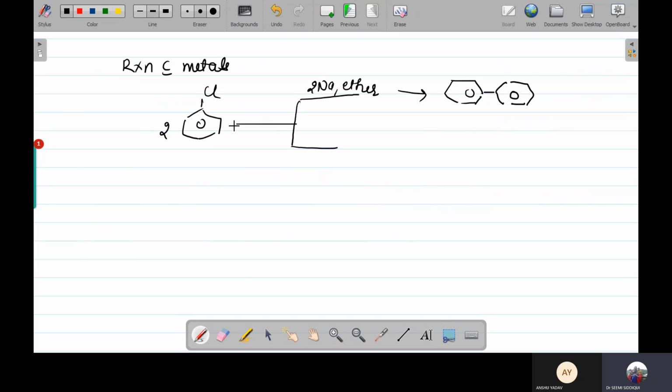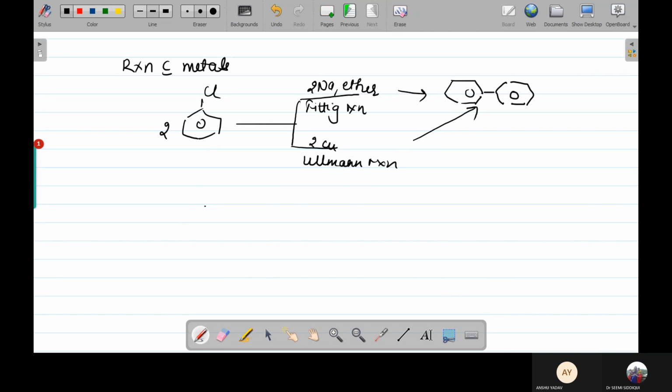When it was the case of haloalkane, it was named the Wurtz reaction. In the case of haloarene, it is named the Fittig reaction. Now instead of sodium, if you take copper, then this reaction is known as the Ullmann reaction and your product will be the same, diphenyl.